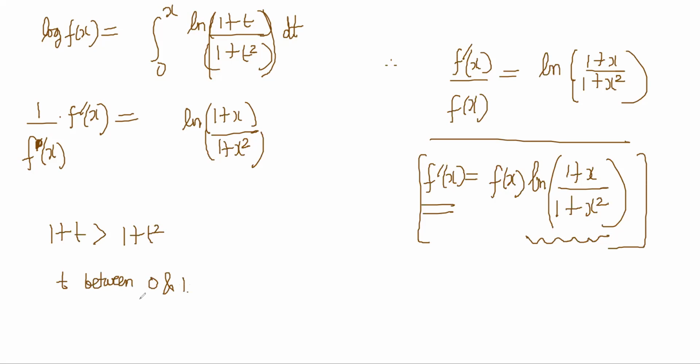In that case ln of this is greater than 1 and positive. It is definitely positive, so area is positive. In that case, f dash x is increasing.